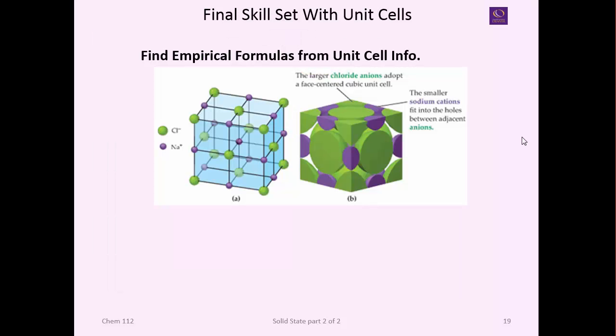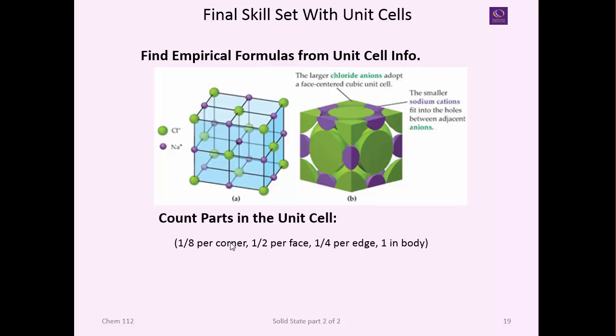So the final set you should know with unit cells is you should be able to look at these things and figure out the empirical formulas if you have the unit cell information in front of you. So I'm going to look at sodium chloride, since we all know the empirical formula for that, and see how you derive that. And my advice when you're looking at these sort of things, if you want to figure out the empirical formula, is basically just count atoms in one unit cell.